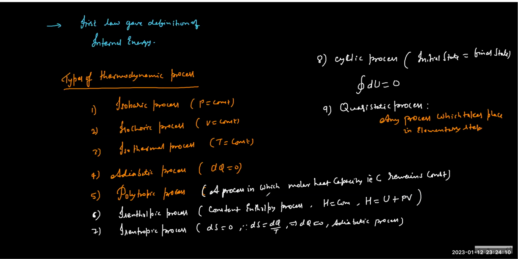In fact, every process that we are studying is quasi-static. So isobaric is also quasi-static, isochoric is quasi-static. Everything is quasi. Quasi means almost. Static means almost at rest. The change is so slow that it is perceived as if there is no change, but there is a change, and we call it quasi-static.